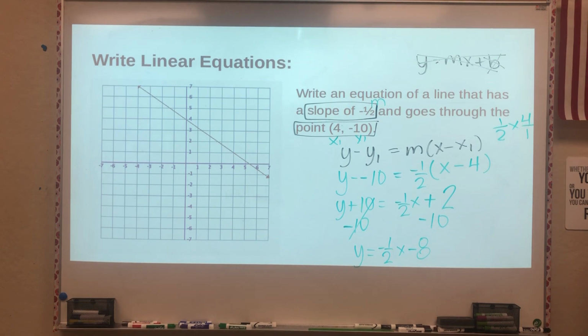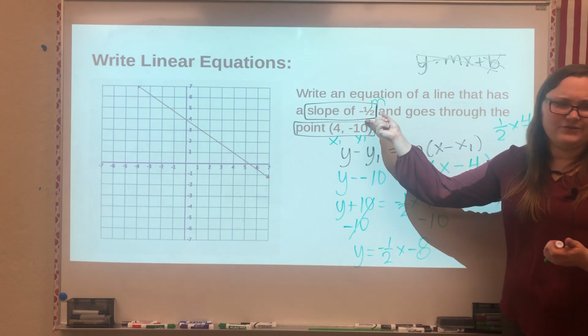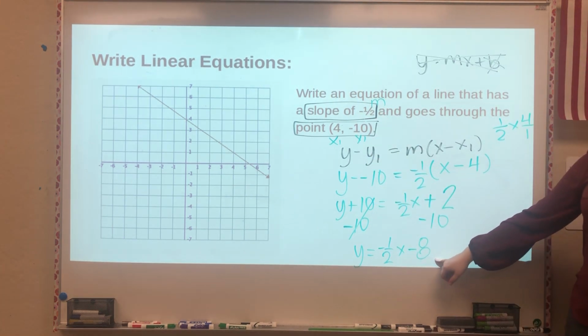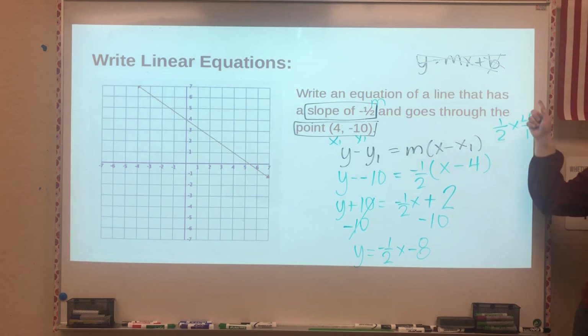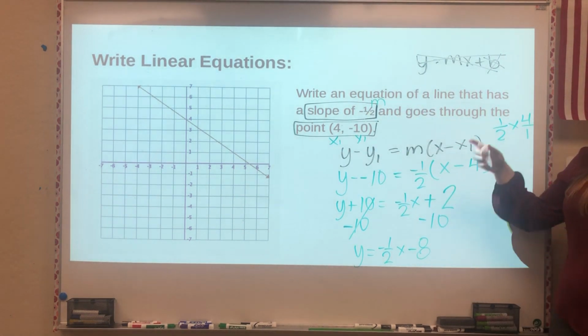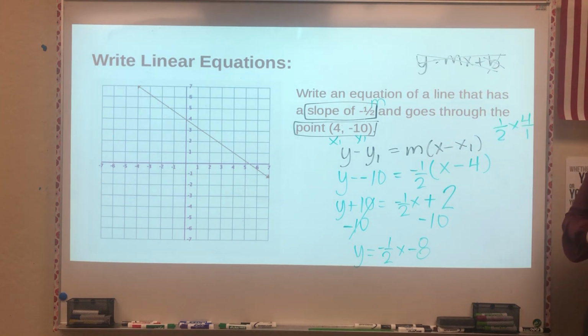Once it's in slope-intercept form, I can see that my slope is negative 1/2, which I already knew. They told me that. But now I can see that the y-intercept is minus 8. That's why we couldn't use slope-intercept form, because nowhere in this problem was I told that the y-intercept was negative 8. So there was nothing I knew at this point that I could substitute for b.